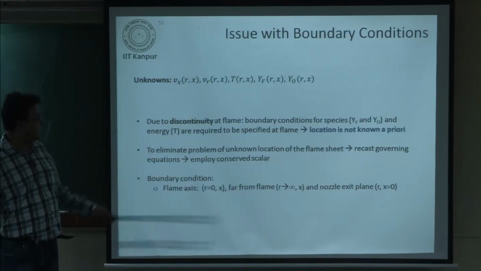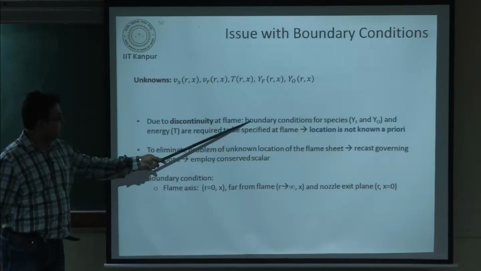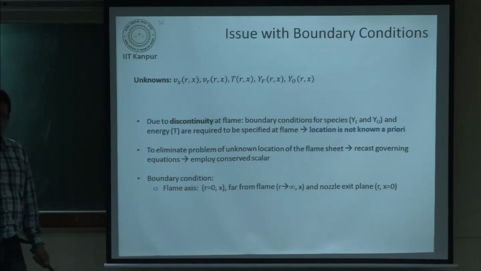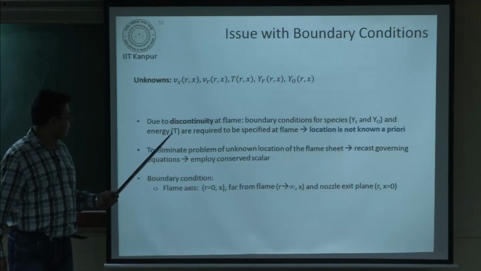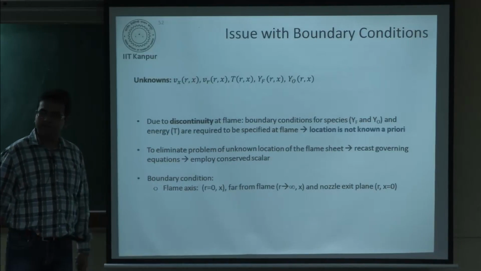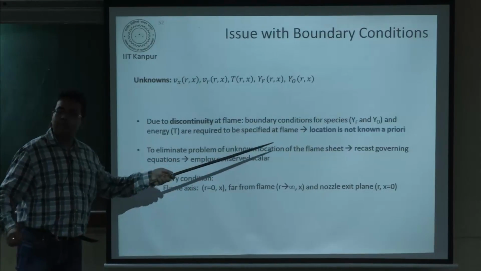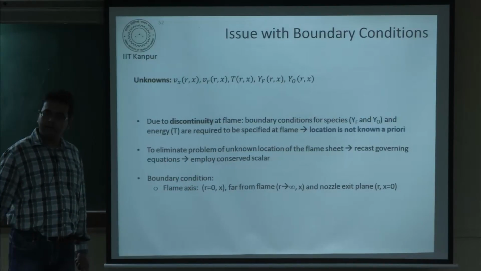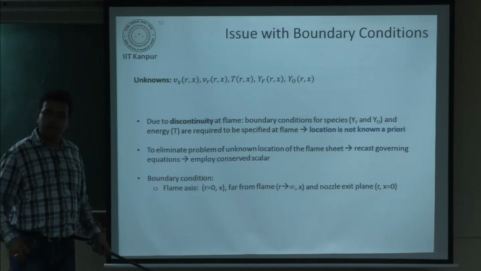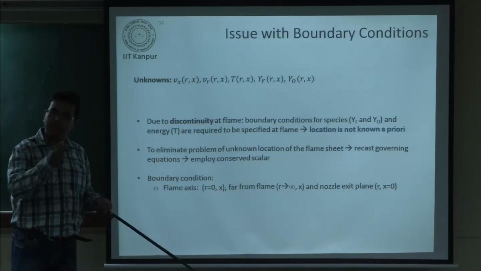These are the 5 unknowns, but there is a discontinuity at the flame. So boundary conditions for species YF and YO and the energy equation, that is the temperature, are required to be specified at the flame. But we cannot specify the boundary because we do not know where the flame boundary is located.